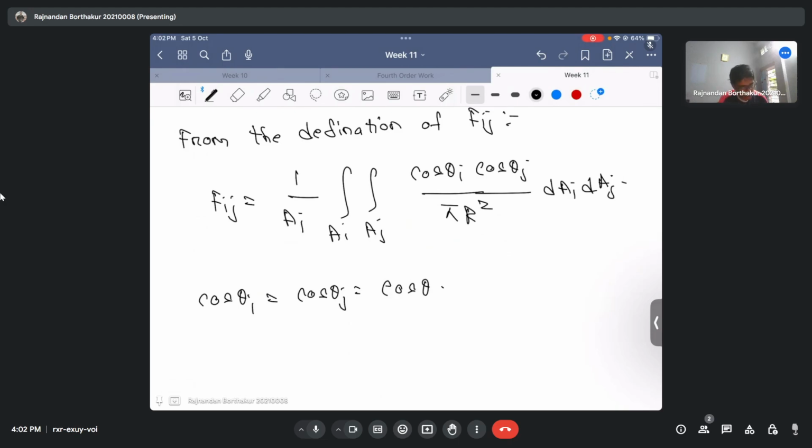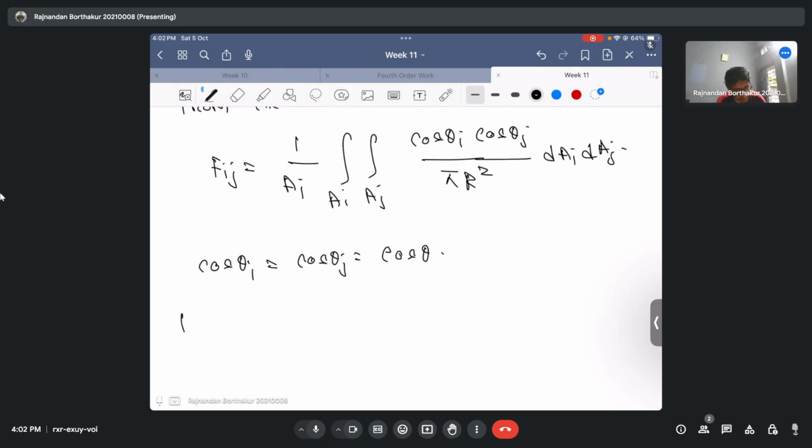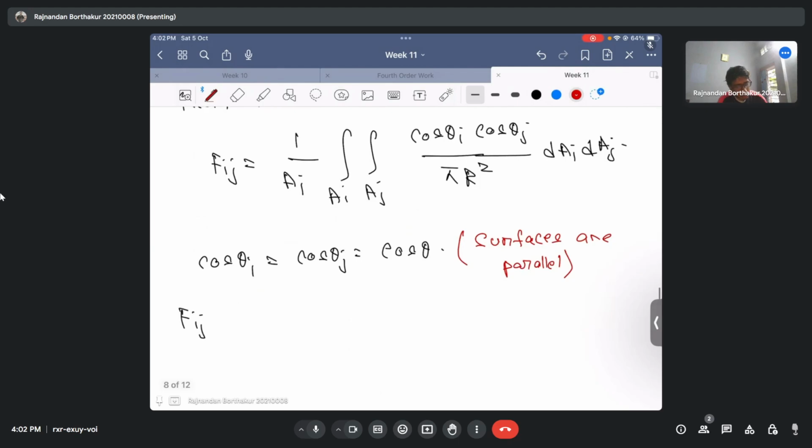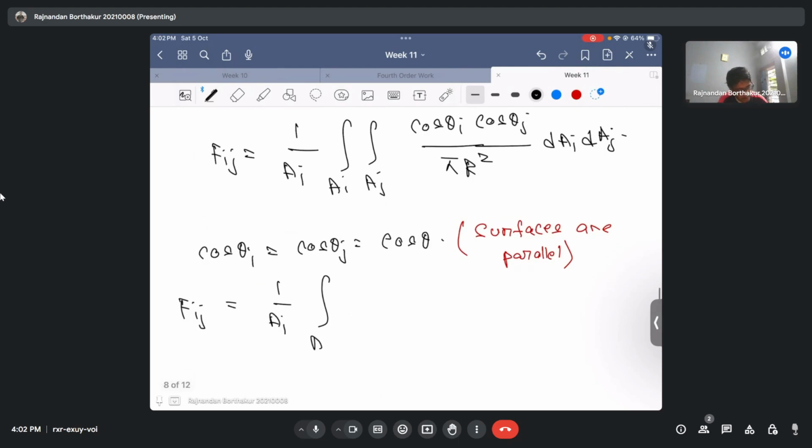All right. Since my surfaces are parallel, I can now write this Fij as 1 upon AI, integral over AI, integral over Aj, of cos squared theta by pi r squared times dAi dAj.